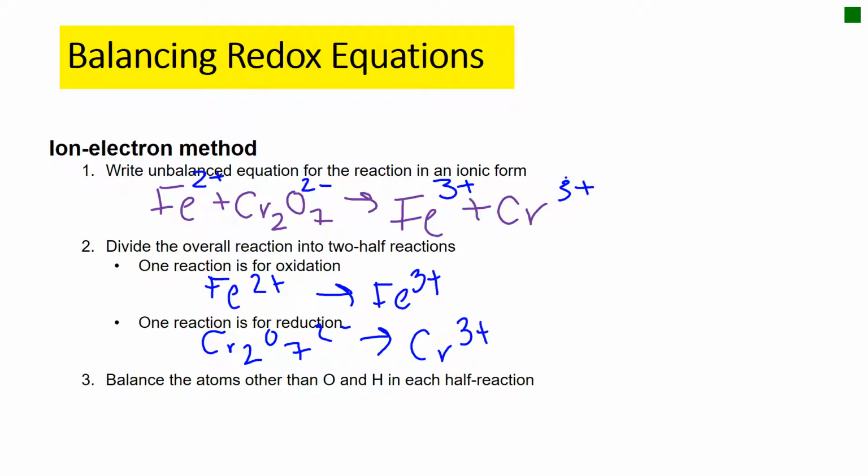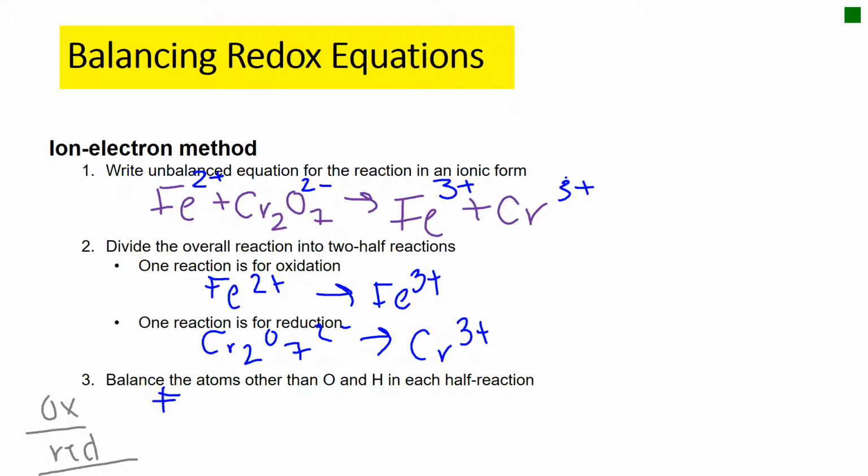Our third step is to balance the atoms other than oxygen and hydrogen in each half reaction. So we're going to have two reactions, first the oxidation and then the reduction. For the oxidation, we're going to balance out the atoms by adding the electrons.